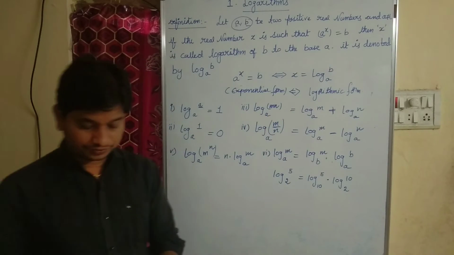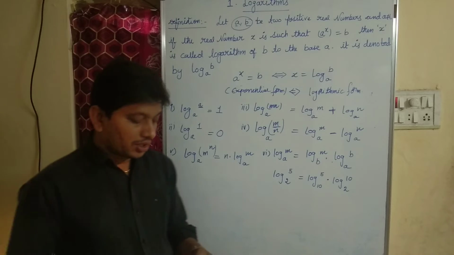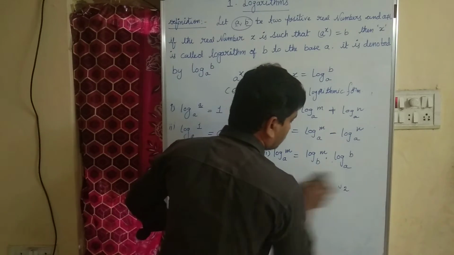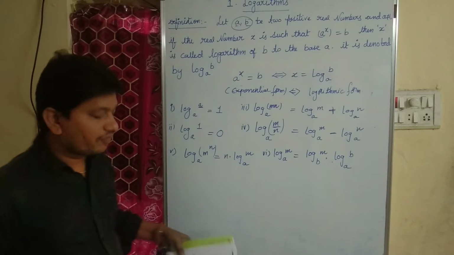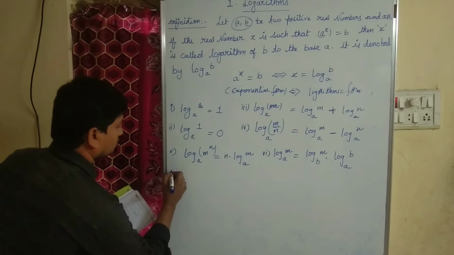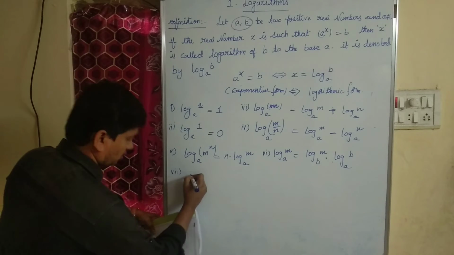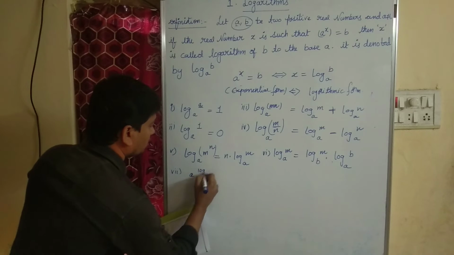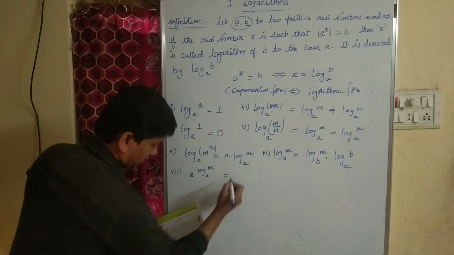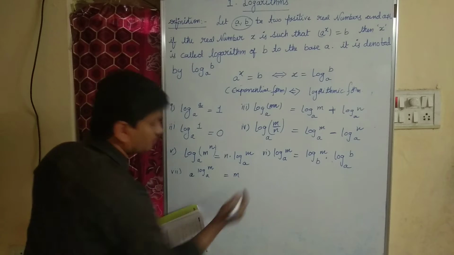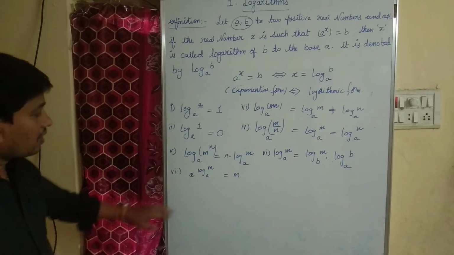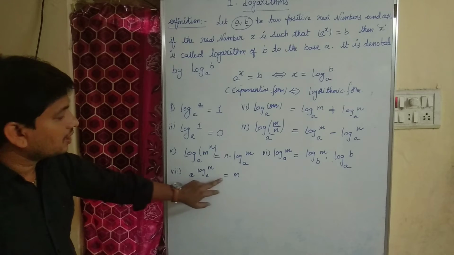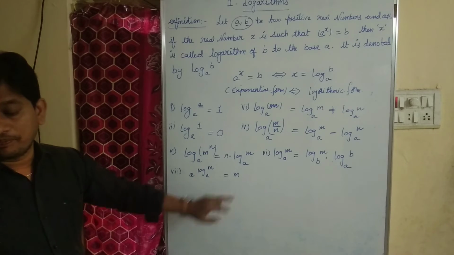Now coming to the seventh law of exponent, a power log m to the base a is equal to m. What is the seventh law of exponent? A power log m to the base a must be equal to m, right?